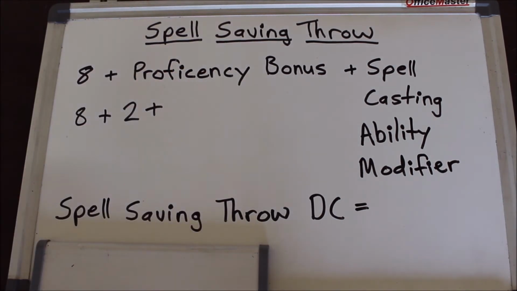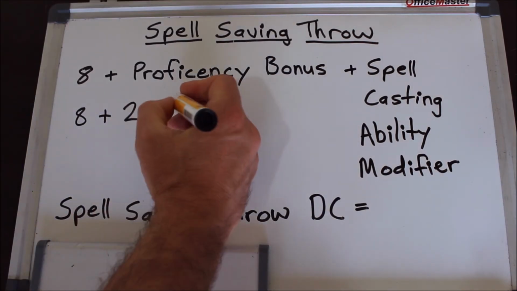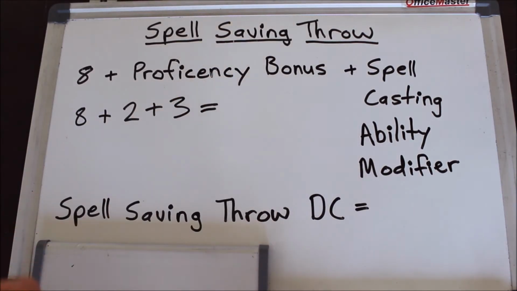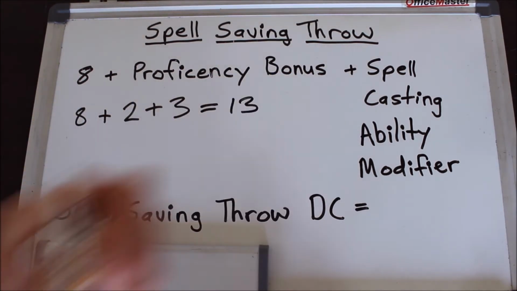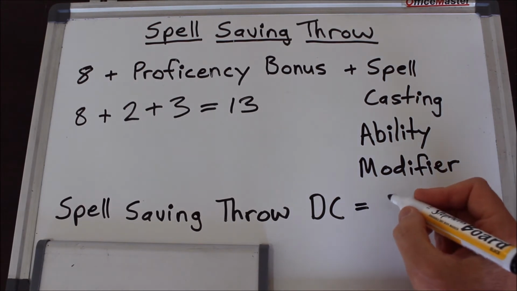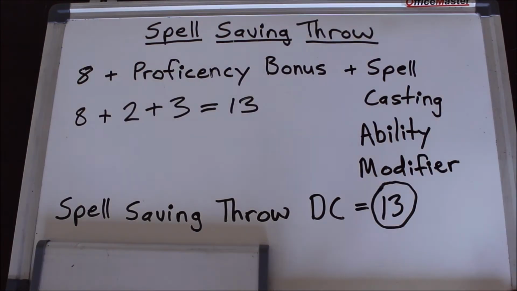The spell casting ability modifier for our wizard, as I said, you can find it on the side here, it's the intelligence modifier, which is +3. Add those values together, 8, 10, 13. So 13 is the spell saving throw DC or difficulty class for any spell that any kind of monster or NPC will have to actually achieve. They have to get equal to or greater than that value to avoid the full effect of the spell.